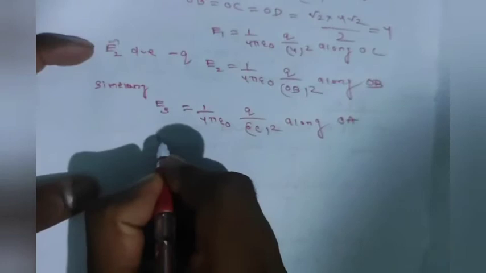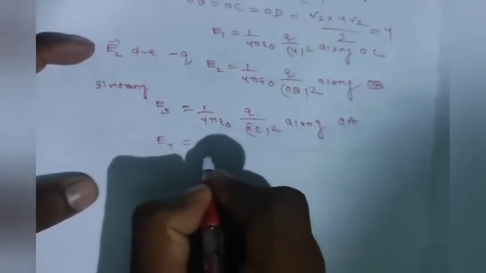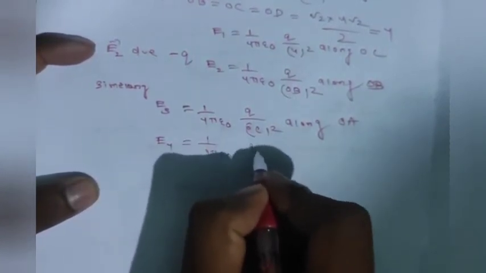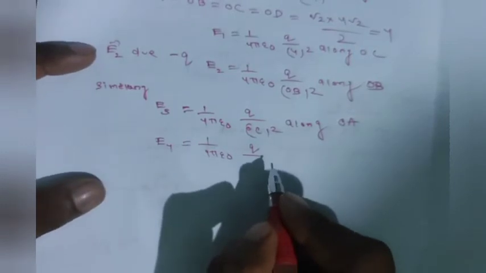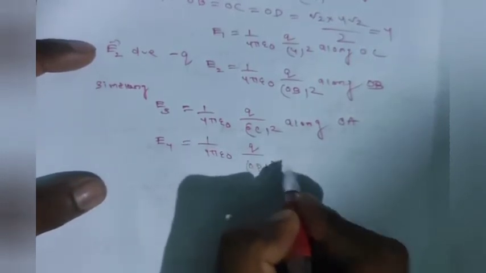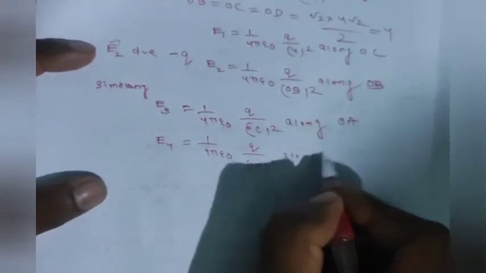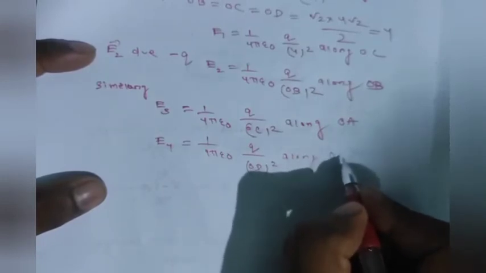Similarly, E4 will be 1 by 4 pi epsilon Q by OD whole square along OD.